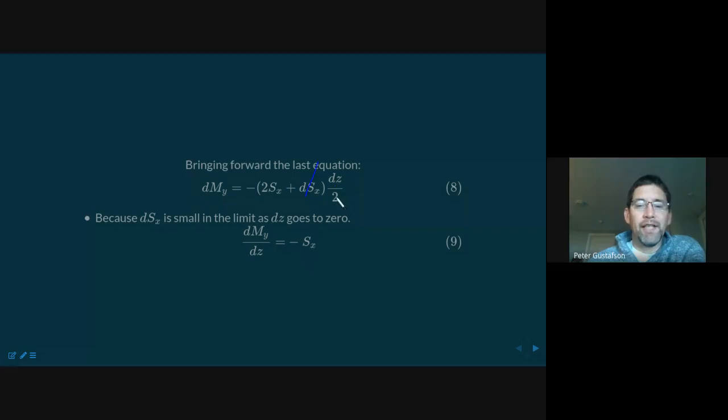Actually, I'll divide by dz over 2. So what we end up with is 2 dmy/dz is equal to minus 2Sx. We cancel the 2's, and we get this differential equation, dmy/dz is equal to minus Sx. Okay, are there any questions on that?